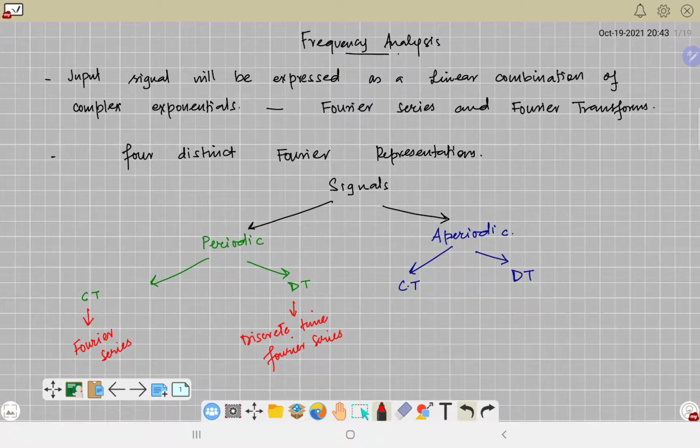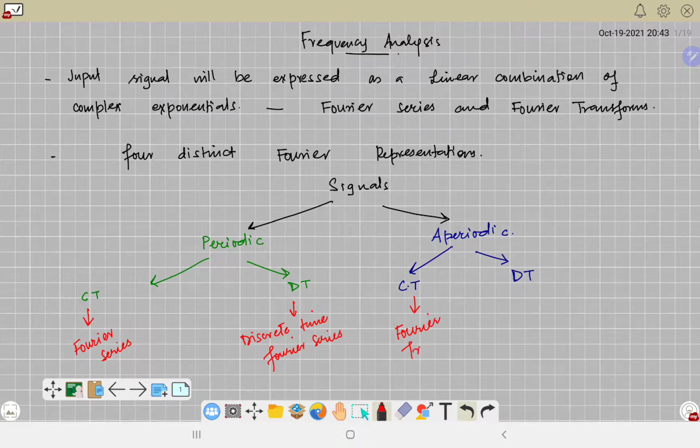Now, if your signal is aperiodic, it doesn't have a fundamental period, it doesn't repeat itself. We have discussed the periodicity property in our first chapter. Then instead of Fourier series, we will be doing the frequency transformation, analysis or representation through the Fourier transform. If it is the continuous time case, we will have the normal Fourier transform.